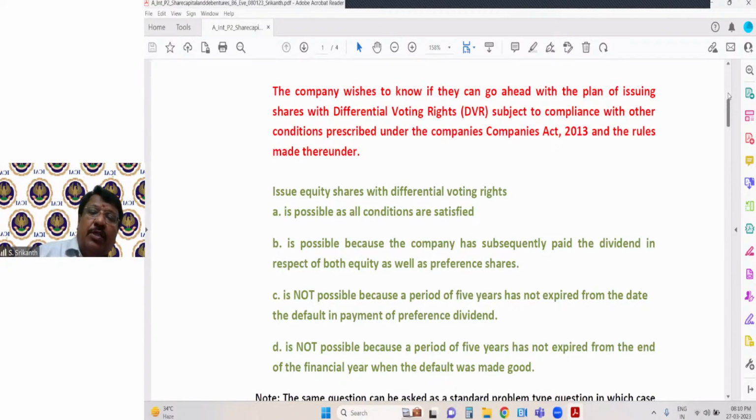C, is not possible because a period of 5 years has not expired from the date of the default in payment of preference dividend. D, is not possible because the period of 5 years has not expired from the end of the financial year when the default was made. Good. So, any quick answers?